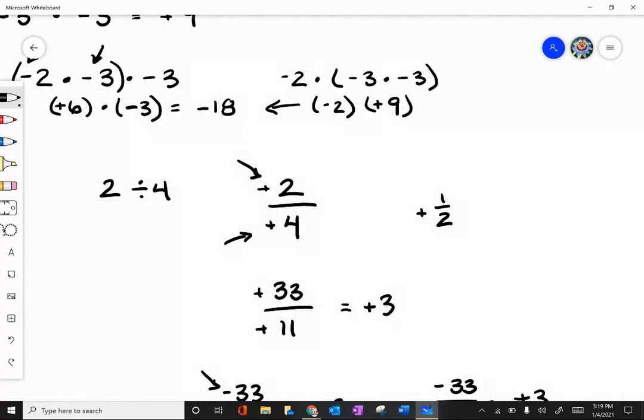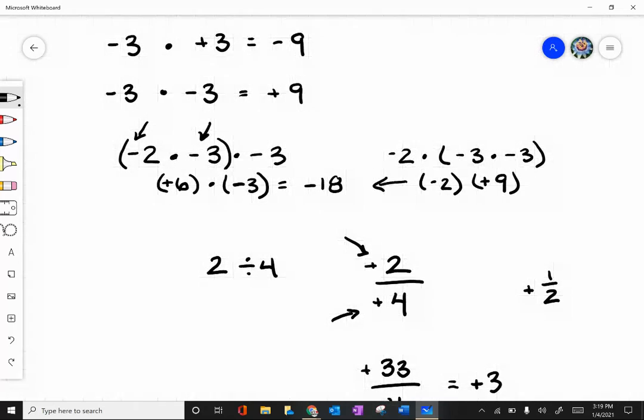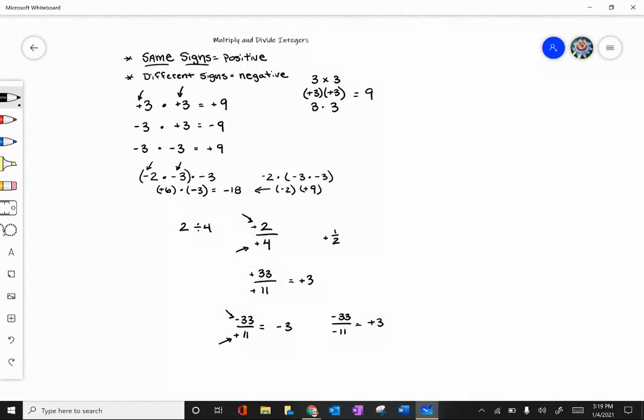And it's convenient that it works this way because it's really similar to the addition and subtraction rules. When you add a positive, it increases, it's adding. When you subtract a negative, it increases, it's adding still.